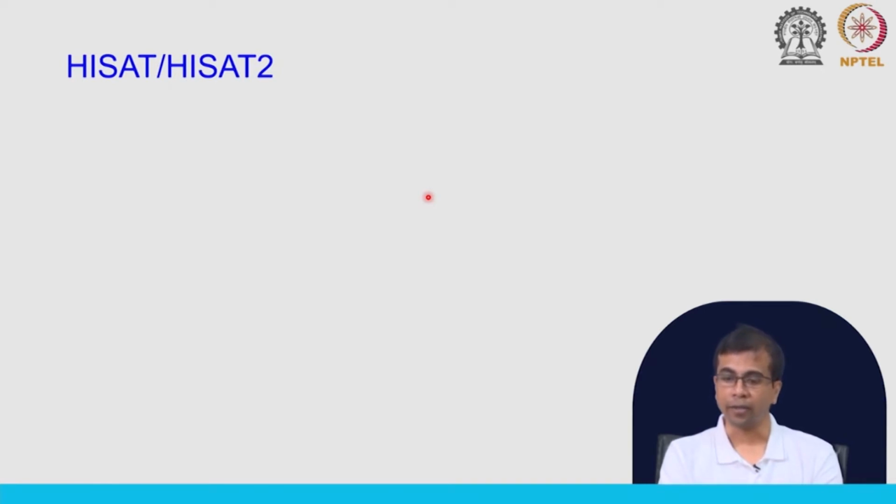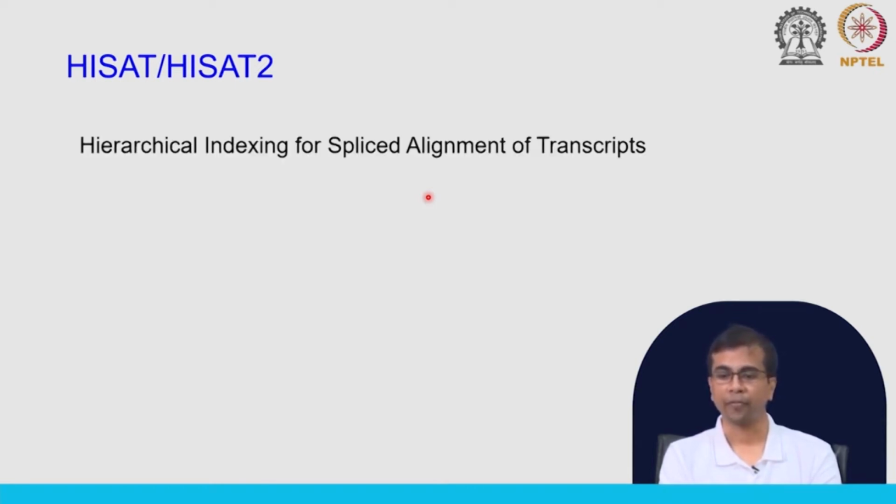So, we will talk about the tools HISAT and HISAT2. This is version 2 now. This is used for read mapping in RNA sequencing data. The name actually comes from hierarchical indexing for spliced alignment of transcripts. As you can see, this is specifically designed for alignment of transcripts, and consideration of the spliced alignment is there in the tool itself.